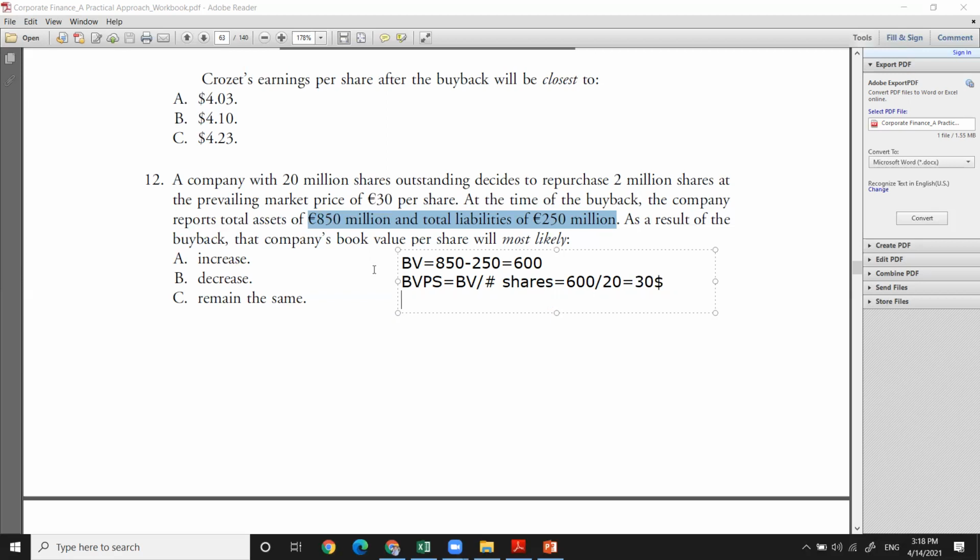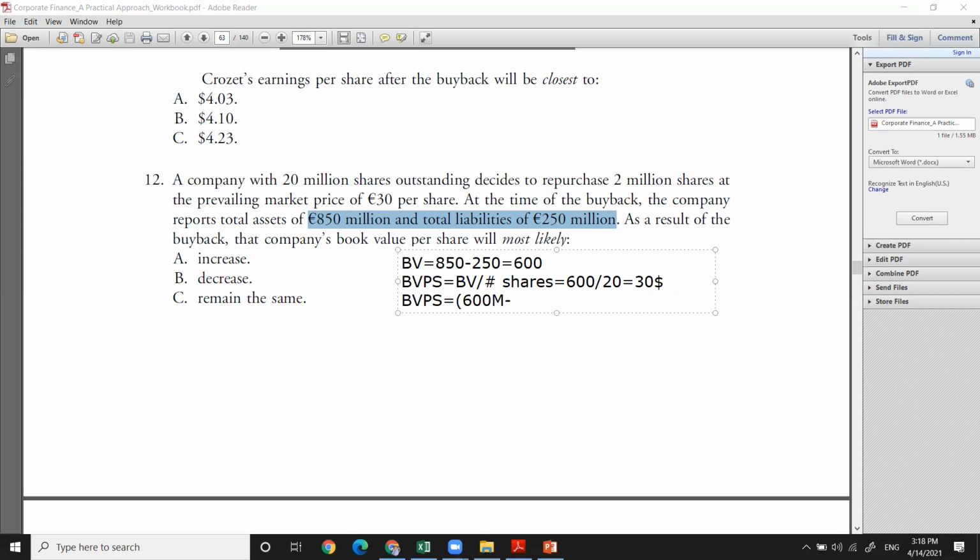But we can calculate it. Book value per share is equal to 600 million, in the bracket, minus the shares repurchased.